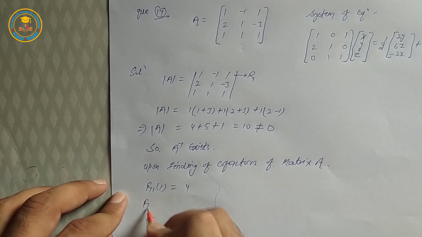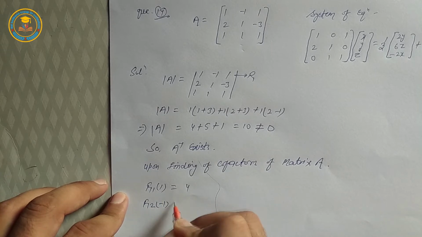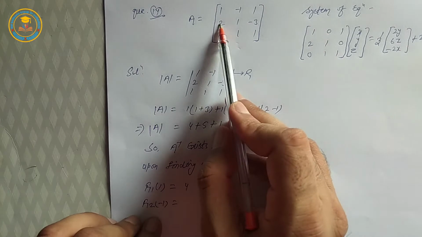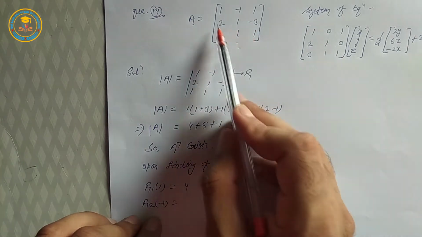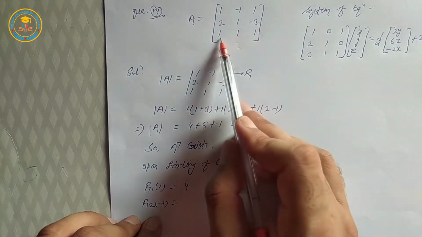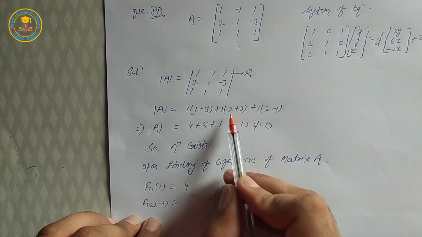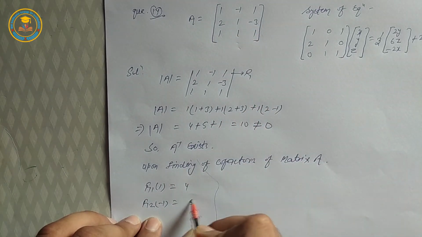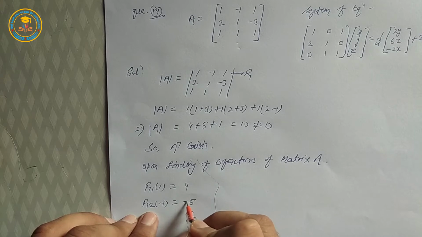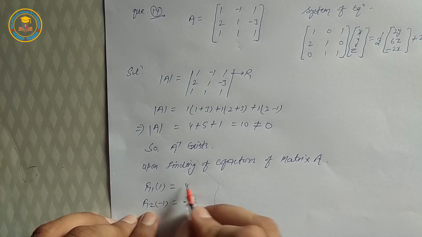F12, of element minus 1, leaving the corresponding row and column: 2 into 1 minus 3 into 1, minus 3 means plus 3, so 2 plus 3 is equal to 5. 1 plus 2 is 3, an odd number, so negative sign. Even number, positive sign; odd number, negative sign.